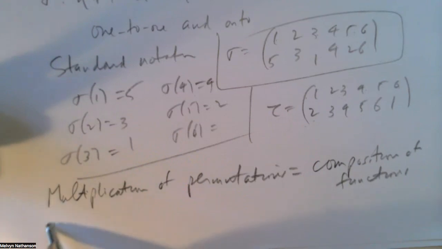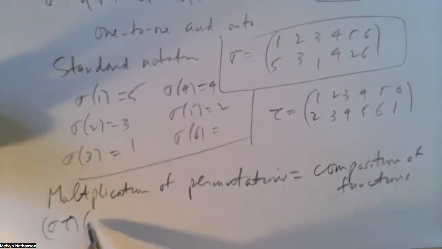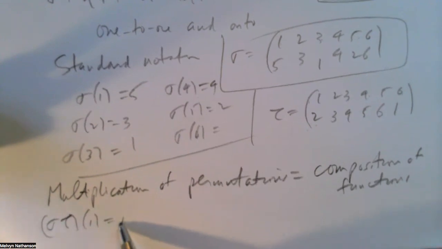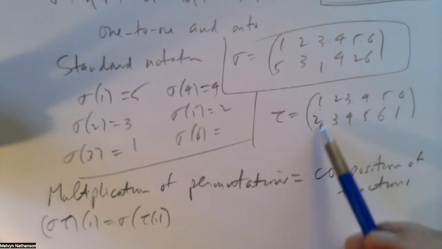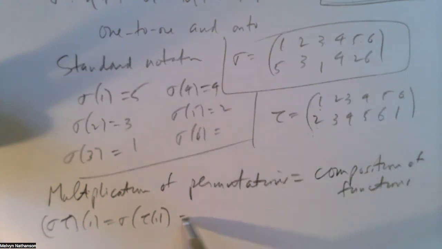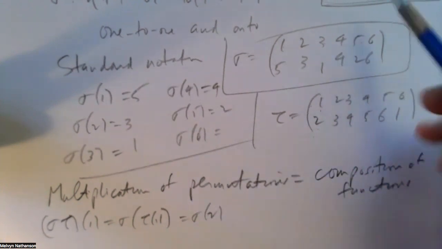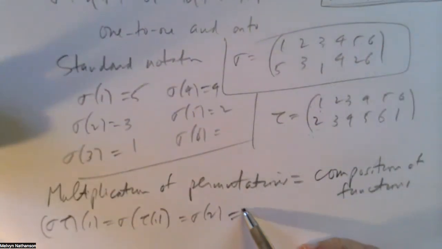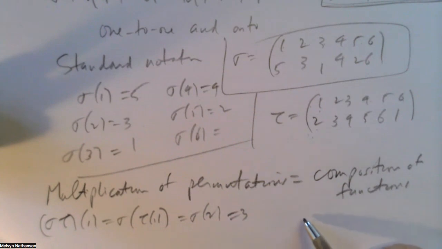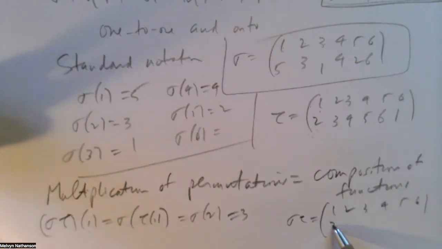So, for example, what is sigma tau of 1? This means sigma of tau of 1. Tau of 1 is 2. So that's sigma of 2. Sigma of 2 is 3. So if we write sigma tau in the standard form 1, 2, 3, 4, 5, 6, 1 ends up at 3.